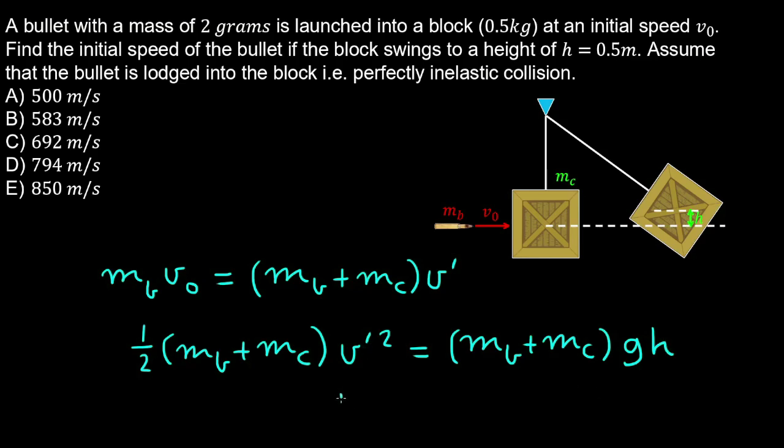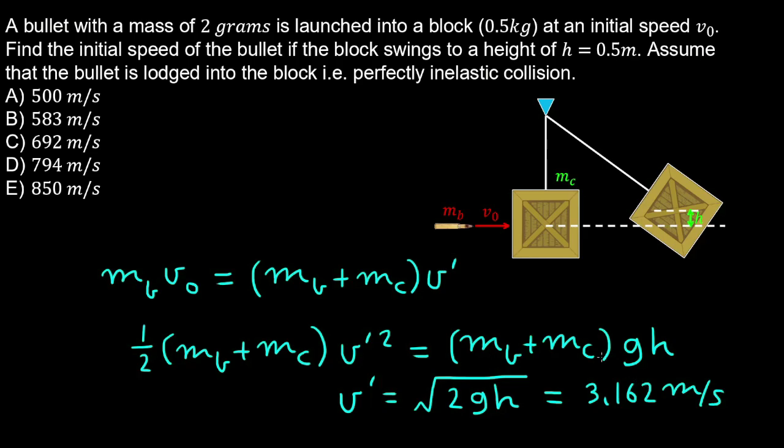So therefore we can solve for v dash, which is √2gh. So substituting the numbers given in the problem and a gravitational acceleration of 10 meters per second squared, we get v dash is 3.162 meters per second.